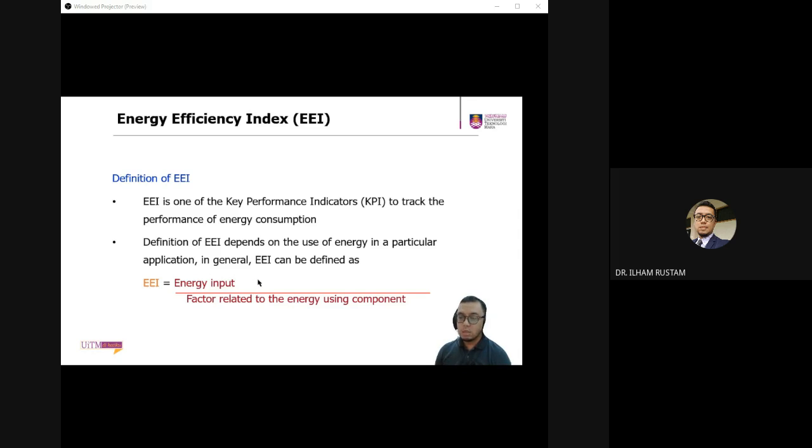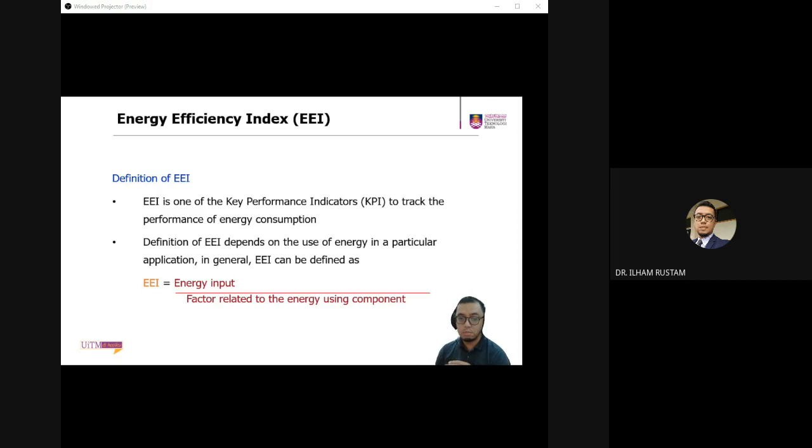Compared to, let's say, 10 divided over maybe 8. So 0 point something something. That means this is more efficient. So my conclusion is that for EEI, the bigger the number, the less efficient the process or the area or the system is. The lower the number, if possible negative, but negative isn't realistic.